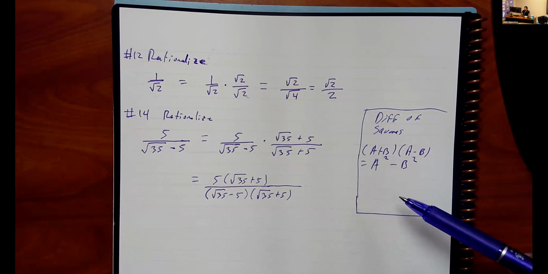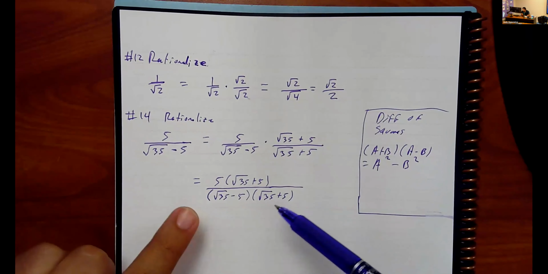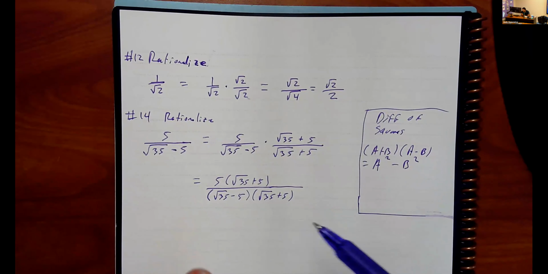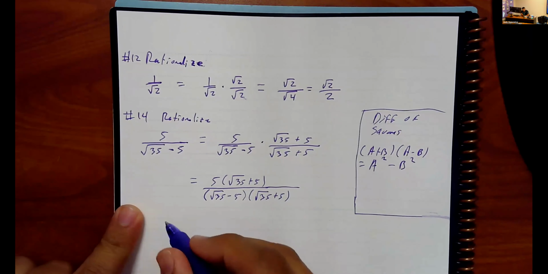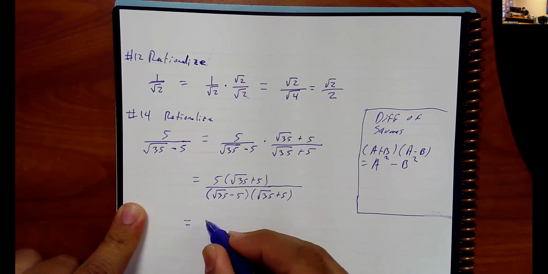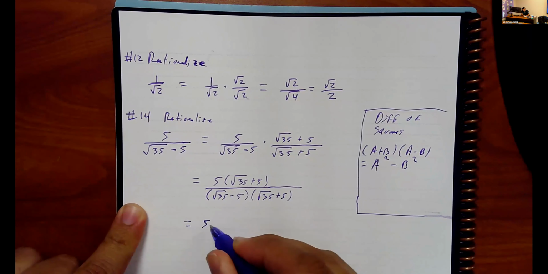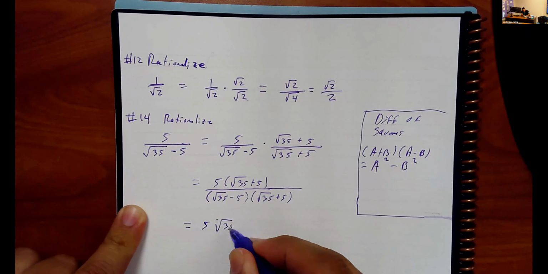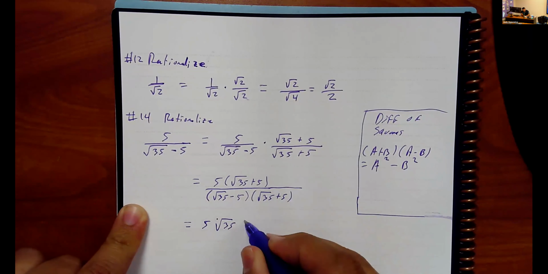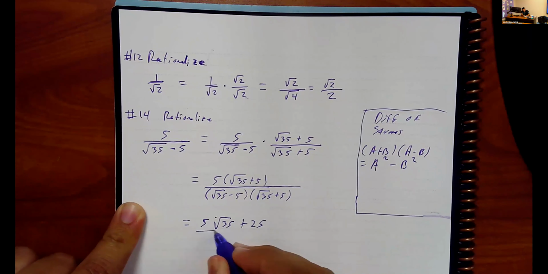Okay. So instead of doing all this ugly FOIL or multiplying, whatever you want to call it, distribution, what you can do is say, you know what? This we can just go ahead and multiply. 5 times this, 5 times 5. There we go.